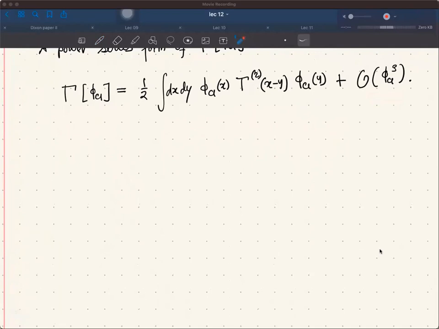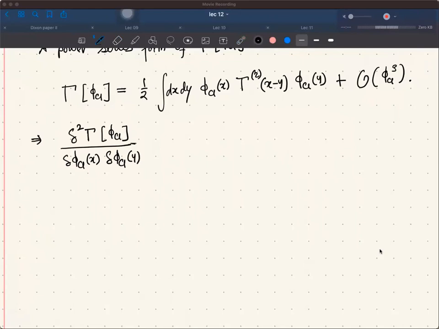Now from here you can show easily that if you take two derivatives of gamma, the double derivative of gamma of phi_cl with respect to phi_cl(x) and phi_cl(y), that is delta phi_cl(x) delta phi_cl(y), you will get gamma_2(x minus y).